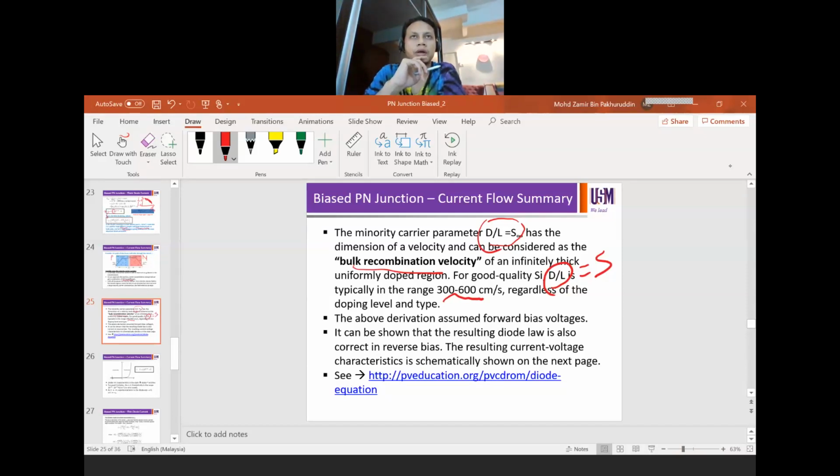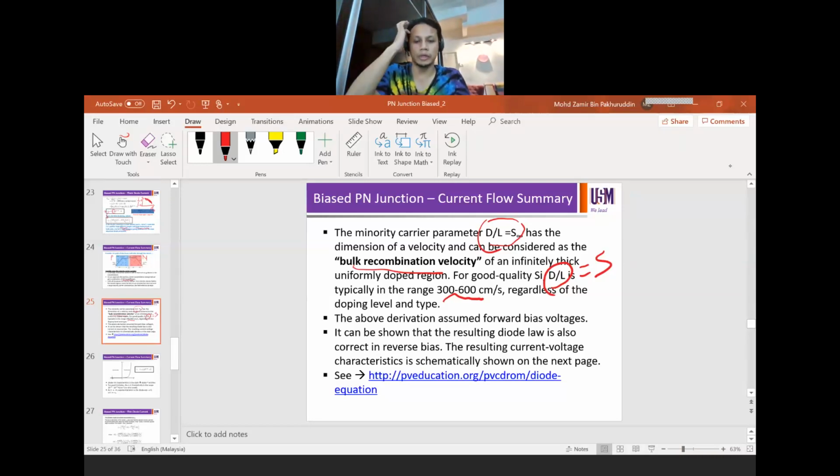So we want the SRV for the surface to be low. The same goes to bulk. It's okay, Azri. So we want it to be low. So we also want the recombination velocity of the carriers to be low in the bulk as well, right?